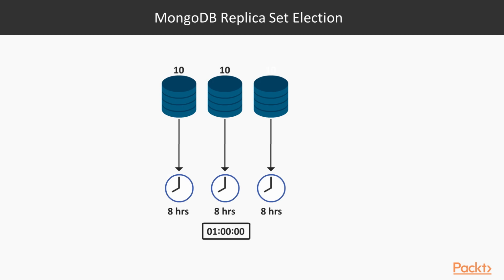Now these 3 have already tied on the priority. They have tied on uptime. They have tied on the oplog consumption as well. The 4th criterion, or the 4th stage, that they will go through is the proximity to the primary.